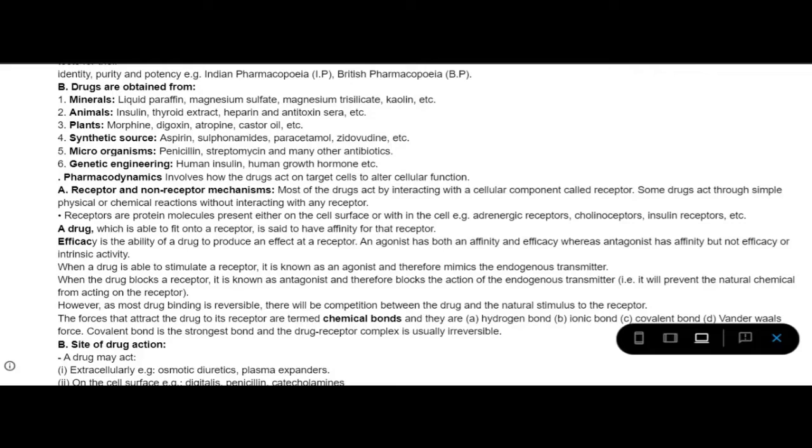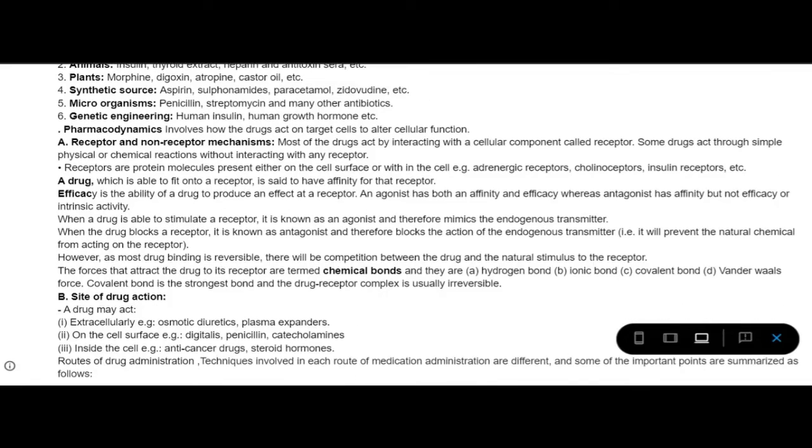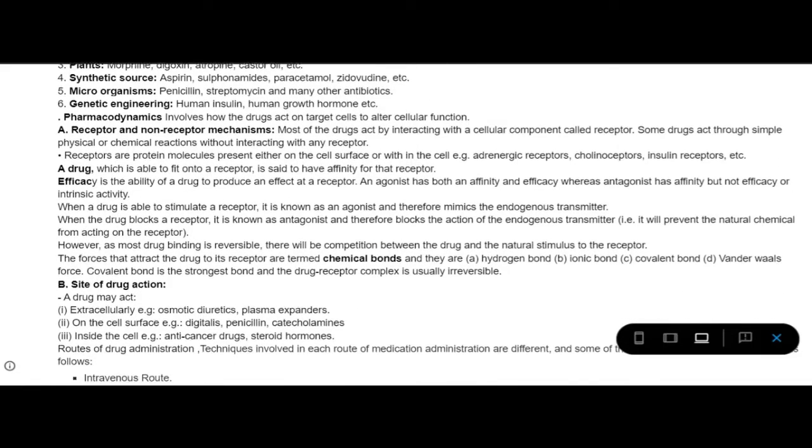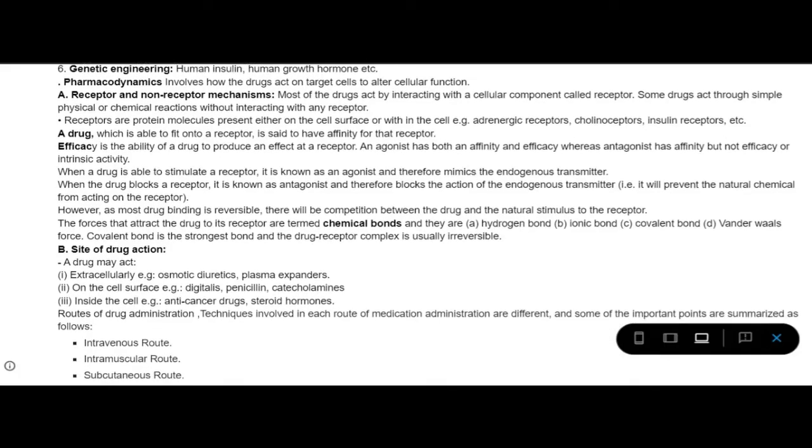Maybe another thing I can just share with you right now: the efficacy and the receptor and non-receptor mechanisms of drugs, plus the sites of drug action, then the routes of drug administration. Receptor.